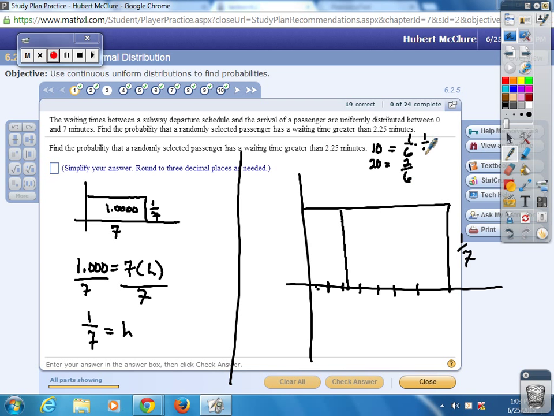Multiplied by 1/2, that would be 1/12. So we got to add 1/12 to 2/6. 2/6 plus 1/12, that'll be a 12th here, and that'll be 5/12. There's our number right there.